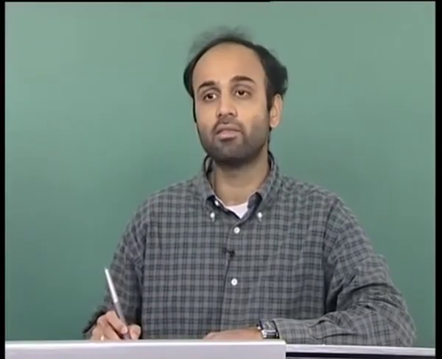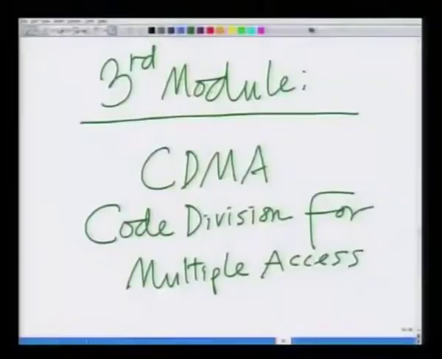CDMA is a very important physical layer technology for third generation, 3G, wireless communication systems. In fact, I urge you to revise the very first lecture we did in this course on 3G, 4G wireless communication systems.